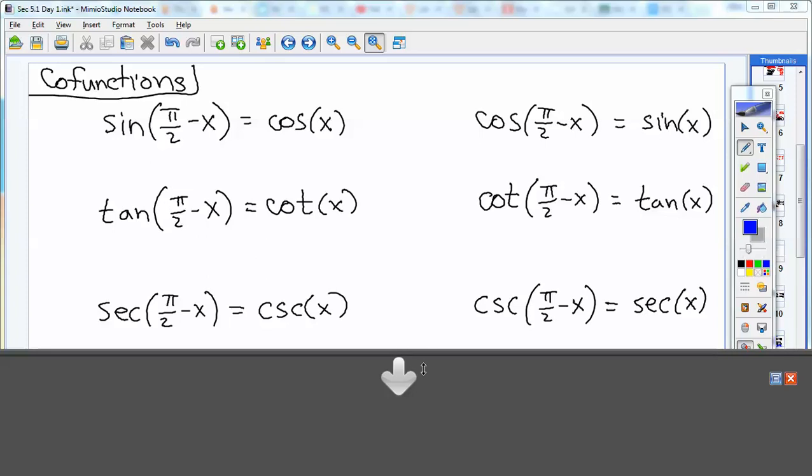Sine and cosine are cofunctions. Tangent and cotangent, right? Tangent of 30 degrees is 1 over root 3. Cotangent of 60 degrees is 1 over root 3. They're cofunctions, and so are secant and cosecant. But the word co comes from complementary.